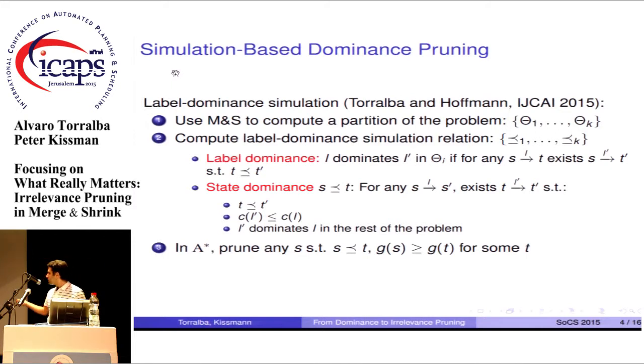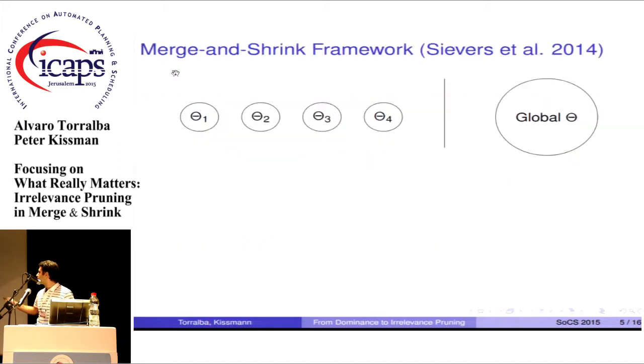In this other work, we have used this information to perform pruning during the search. But here we are going to use the same information to simplify the problem before starting any search. But before that, I want to talk a bit more about merge-and-shrink. Merge-and-shrink has been used to generate heuristics, but the whole framework is not limited to that.